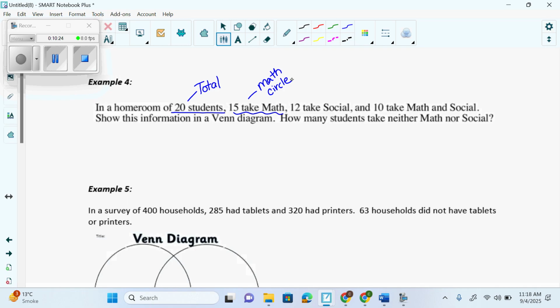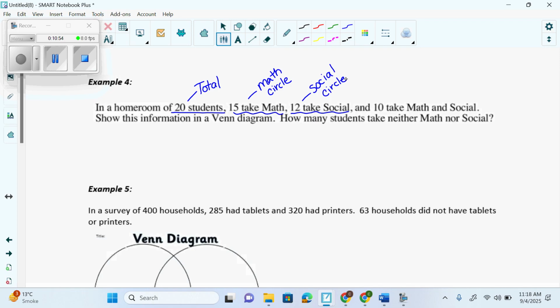It just makes me know when I can move on. Okay. Then 12 takes social. Does that say social only? No, so that'll be the social circle, the whole circle, correct? So you can pick it back up. And put it down so I know you're done writing.